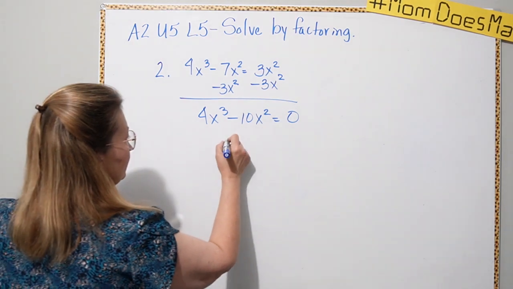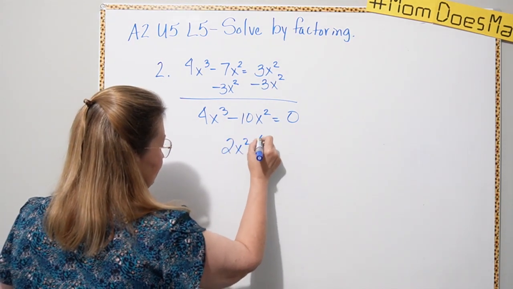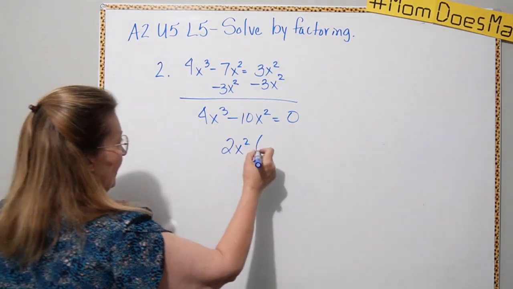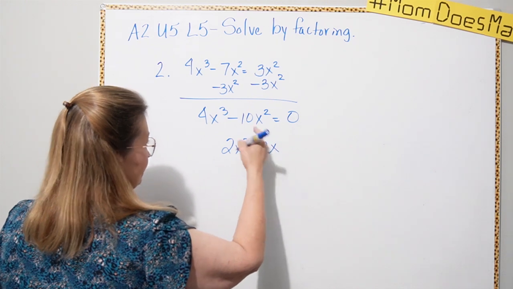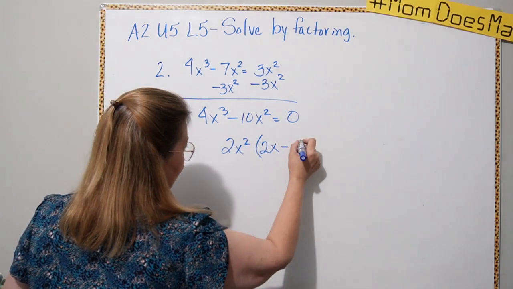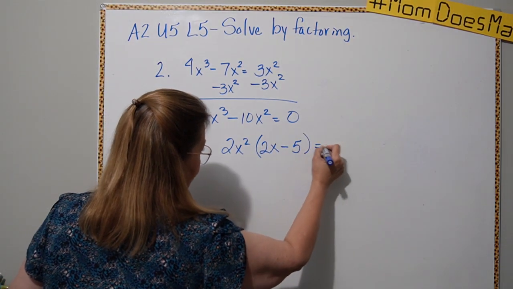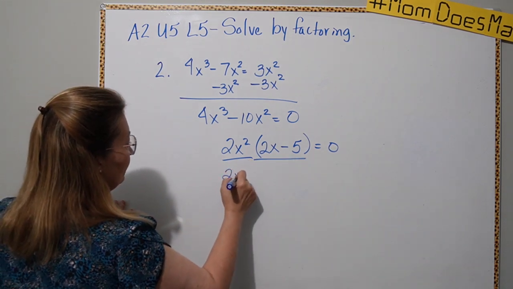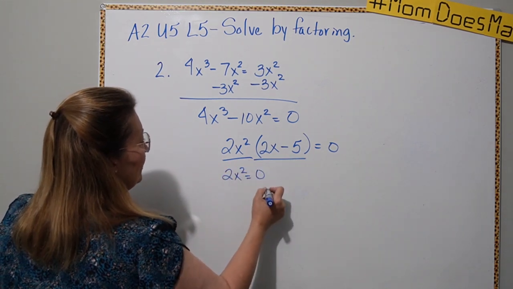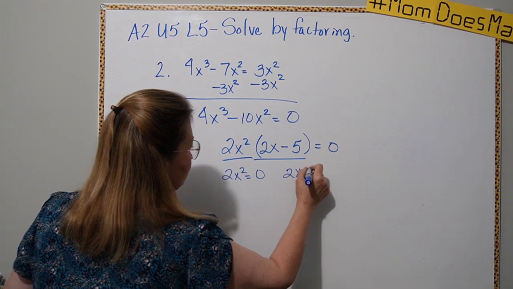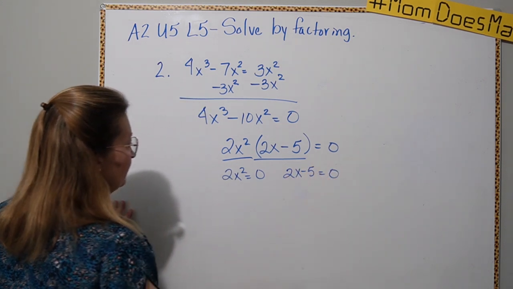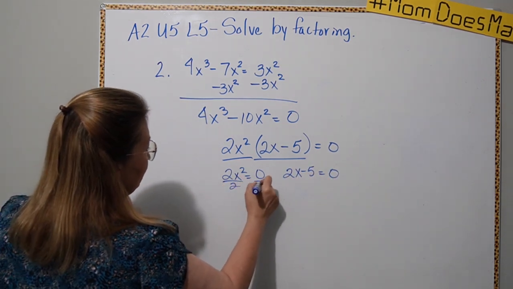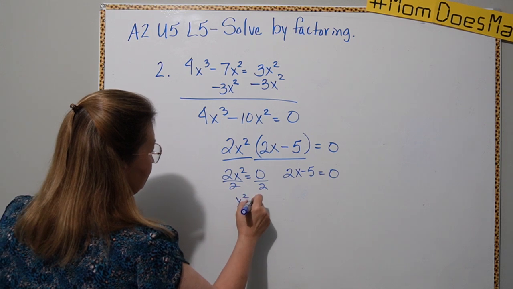Greatest common factor here is going to be 2x to the second. When I factor it out of here, I'm going to have 2x. When I factor it out of here, I'll get minus 5. Now you take each factor and set it equal to 0. If 2x squared is equal to 0 and 2x minus 5 is equal to 0, divide both sides by 2 if you have to.